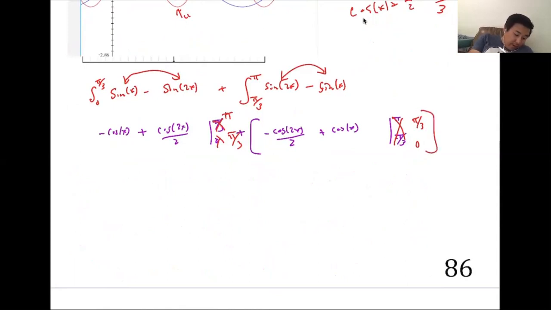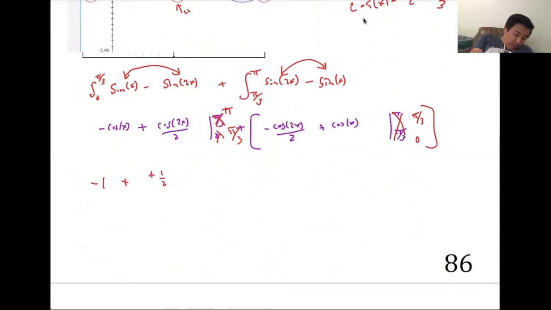So sine of pi is negative 1 plus negative 1/2. No, 1 positive minus pi over 3, negative pi over 3 is 1/2, so negative 1/2 plus 2 pi over 3 is negative 1/2 over 2.